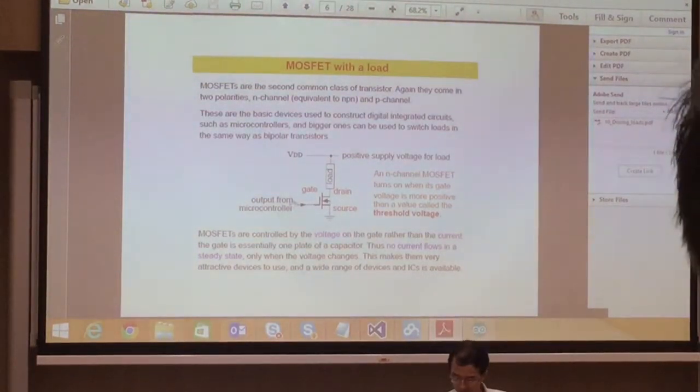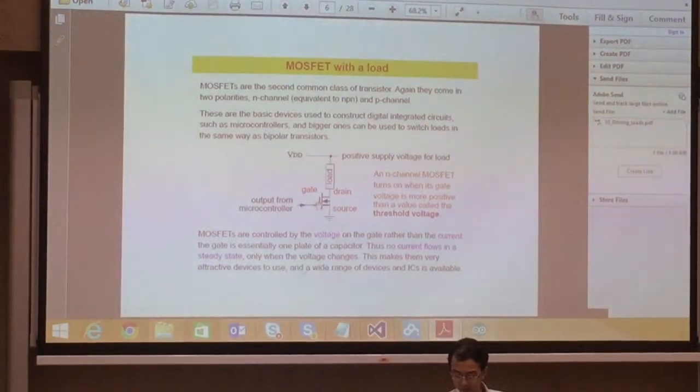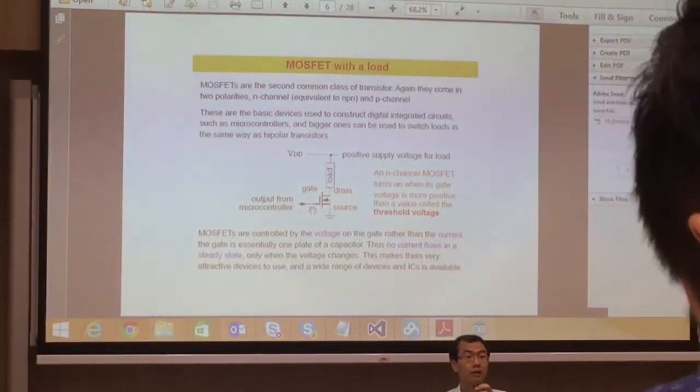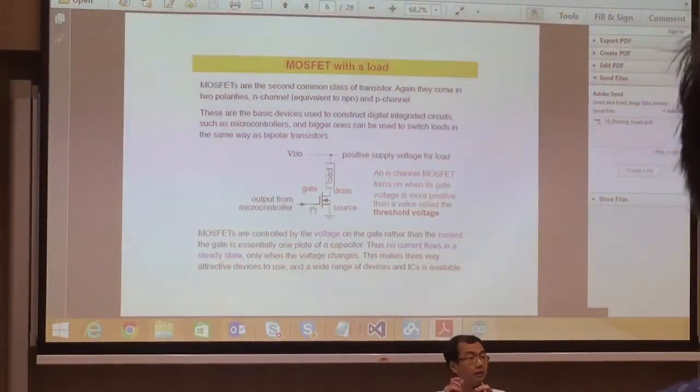Okay. So again, the output from a microcontroller is connected to the terminal somewhere in between here, which is the gate terminal. The difference between the MOSFET and bipolar is, for the bipolar, we say the base current is a very small value.